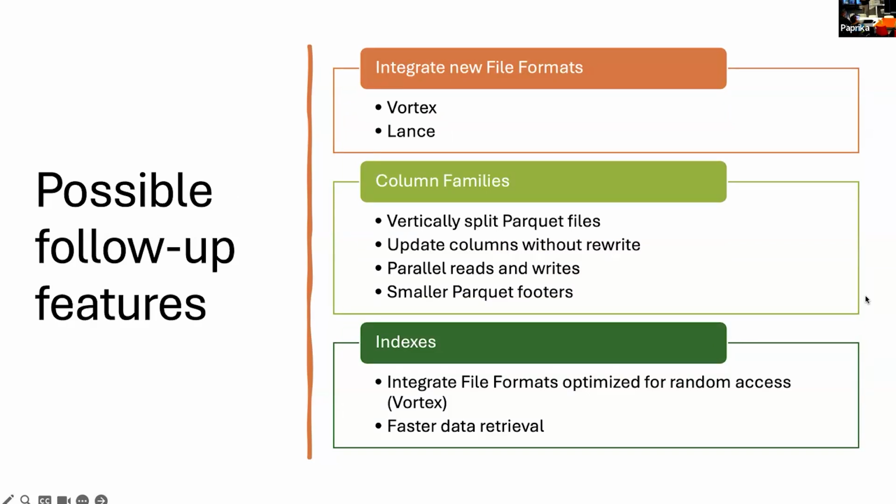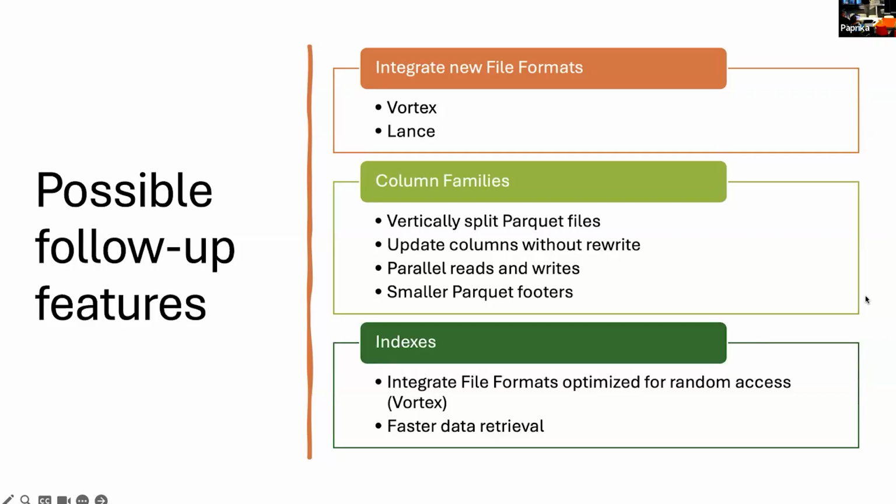I have been playing around creating column families. It is like splitting a table, not just horizontally, but vertically too. So you can have a few columns in the first split, second split, whatever.